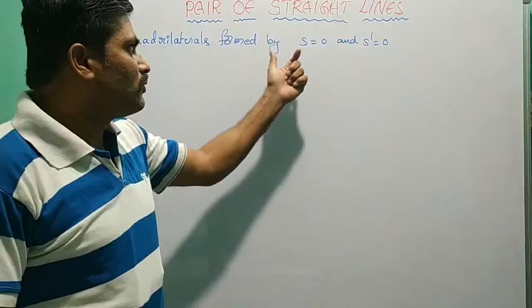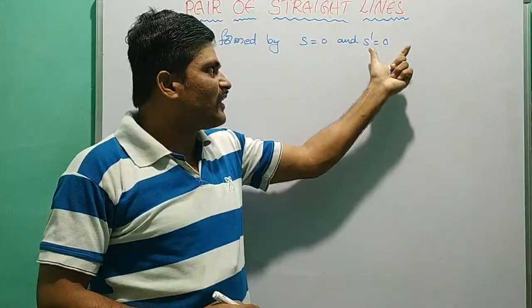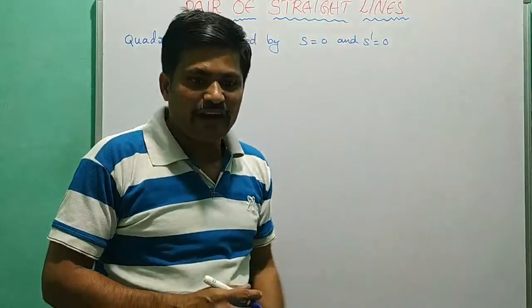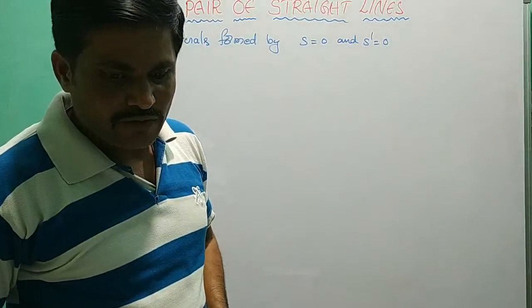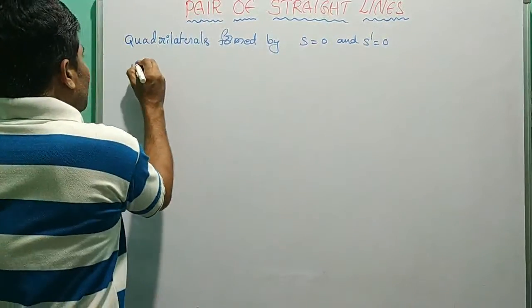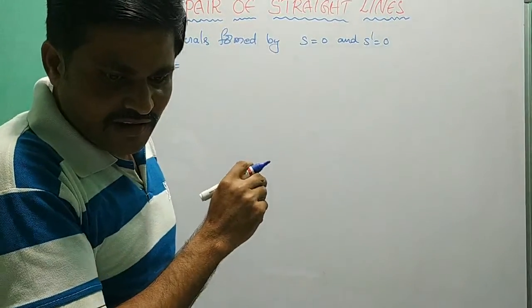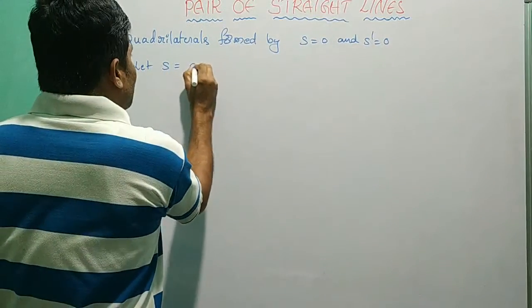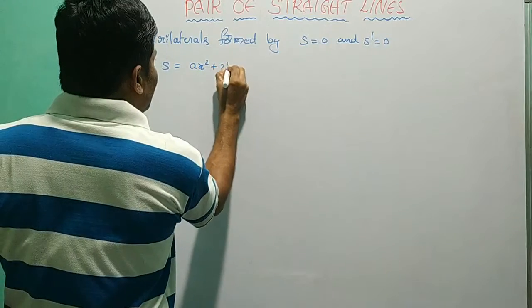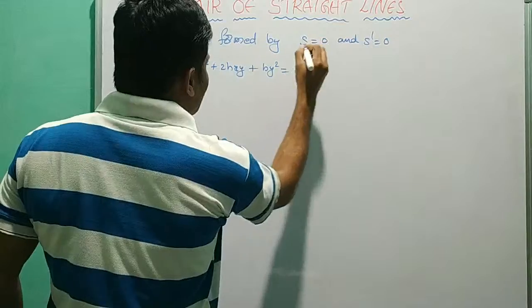Here we have to observe S equal to 0 is one pair of straight lines, S dash equal to 0 is another pair of straight lines. Now in that we have to take two pairs. Let S equal to ax square plus 2hxy plus by square equal to 0.